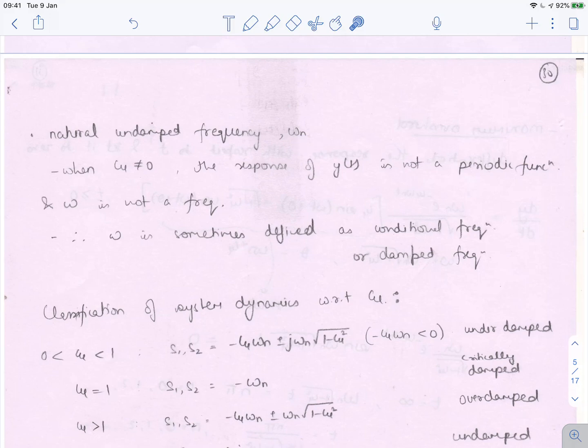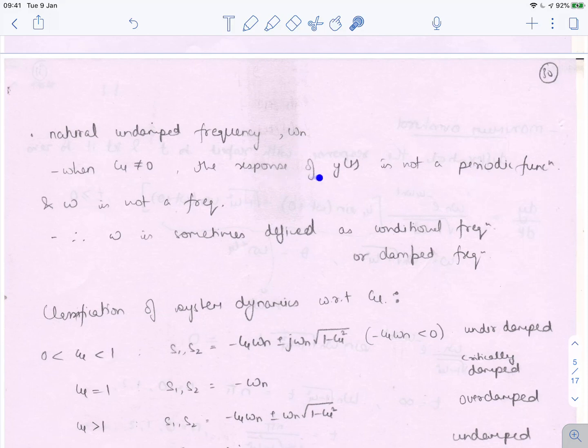Meaning to say, when xi is not equal to 0, the response y(t) is not a periodic function, and omega is not a frequency. So the point here is that you should not confuse this omega n with a frequency term. It is not a frequency in its usual sense.